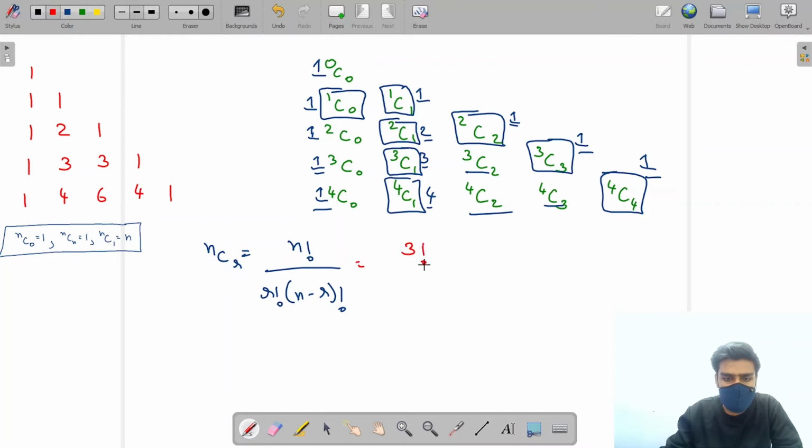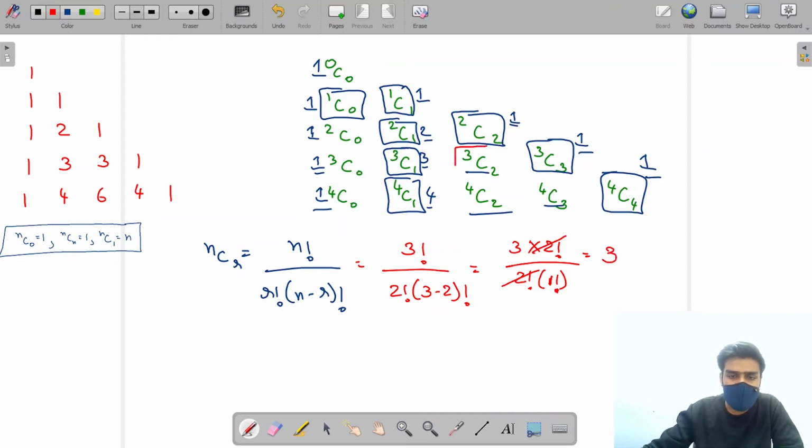So 3 factorial upon 2 factorial into 3 minus 2 factorial. So what is 3C2? 3 into 2 factorial upon 2 factorial into 1 factorial. So 2 factorial is cut down with 2 factorial and we are left with only 3. So the value for this is 3. Alright.